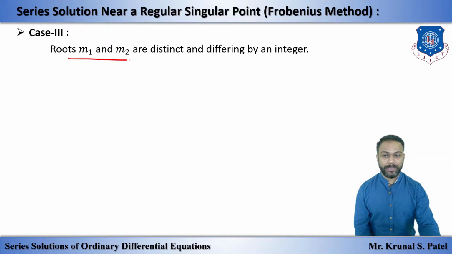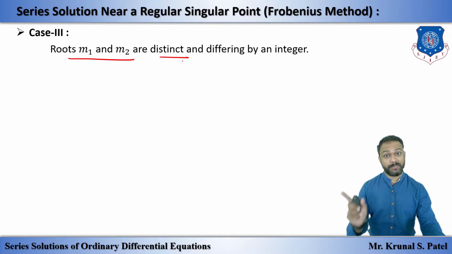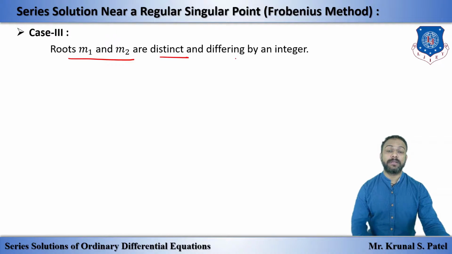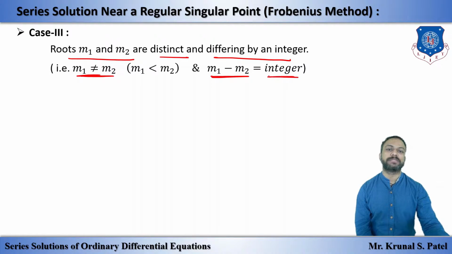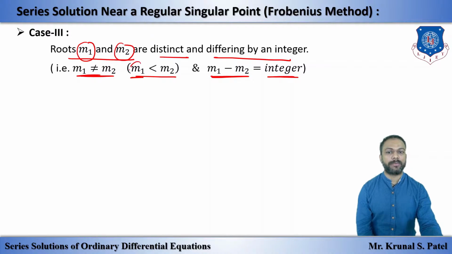If roots m1 and m2 are distinct, like case number 1, but in case number 1 they do not differ by an integer, here they differ by an integer. That means m1 is not equal to m2, but m1 minus m2 gives an integer. Here you take m1 less than m2, that means m1 denotes the smaller root and m2 the larger root.